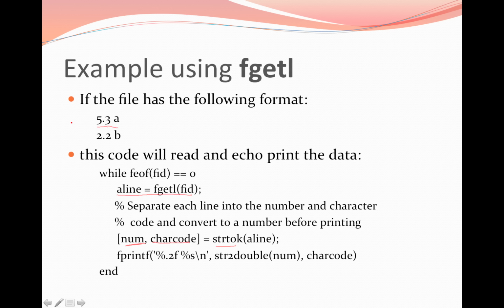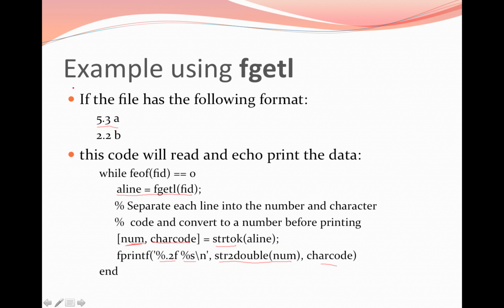So num is going to be a string that stores the 5.3. So then what we want to do is to take that string and convert it to an actual number, and then charcode is going to store the rest of it, the space and the character A. So we can print that out, the number once we've converted it using %.2f, and the string, which will be the space A for the first line, using %s.